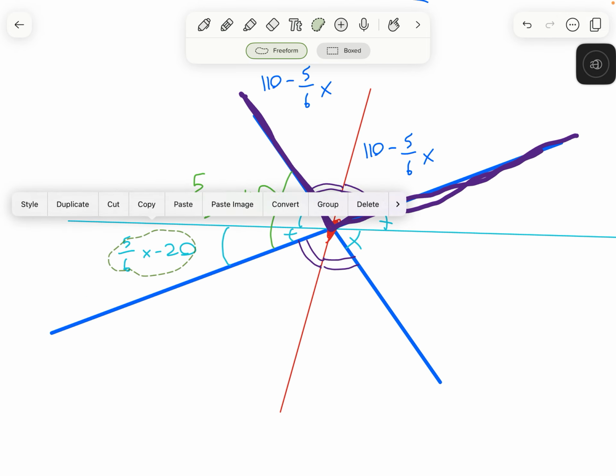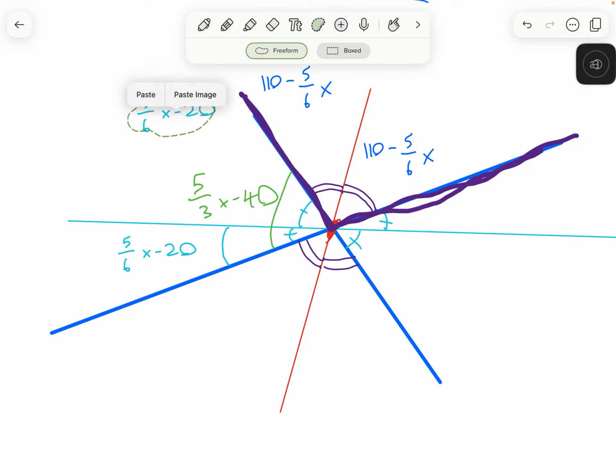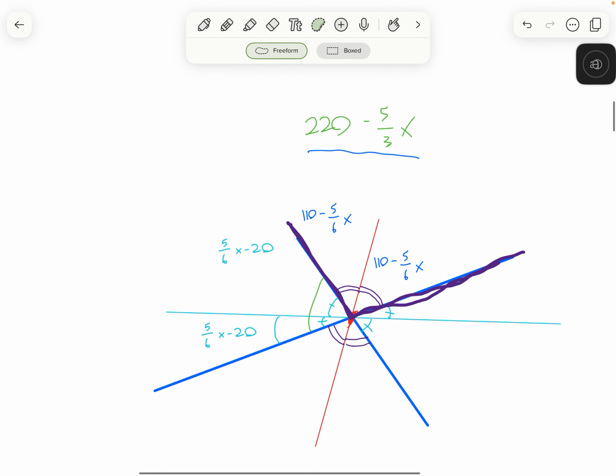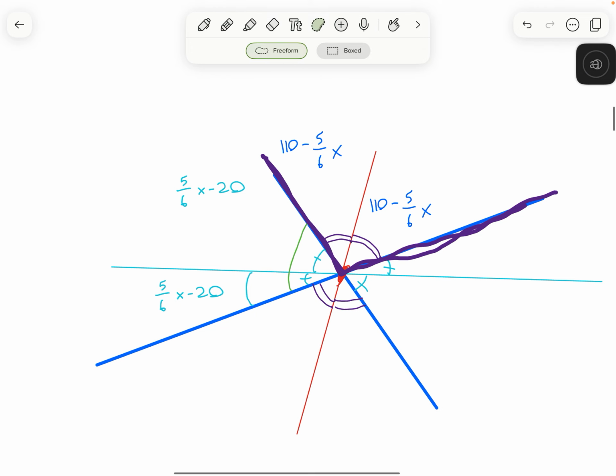We know the blue ones are each that specific number. So now that we have figured those angles out in terms of x, what's our next step?